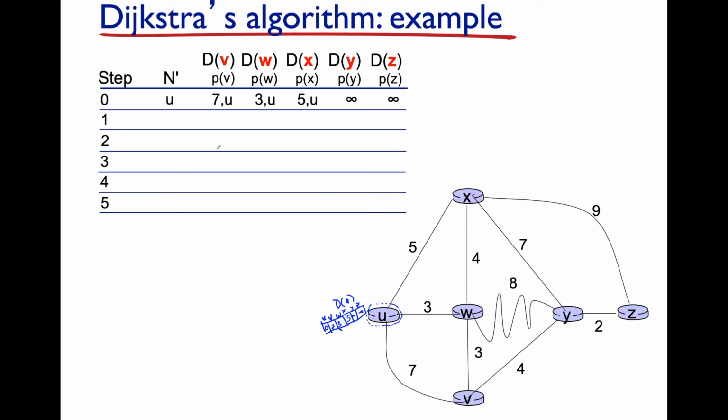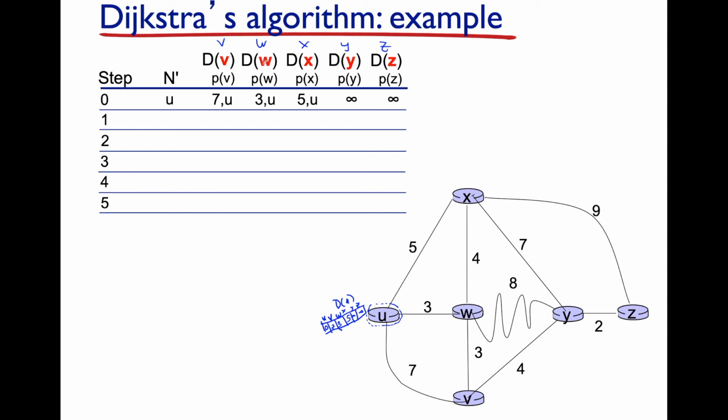There's no predecessor. Okay, so now we look at our distance vector, Dijkstra's algorithm running in node U, and we say, okay, which node is closest to me? Here, this is the entry for V, that's for W, this is for X, this is for Y, this is for Z. So the distance to get to W is closest, so W is the closest node to me, based on the path cost.